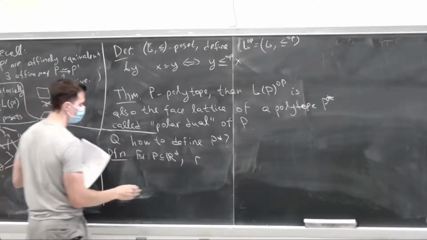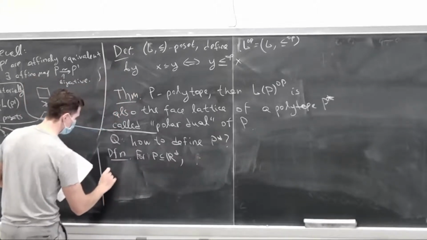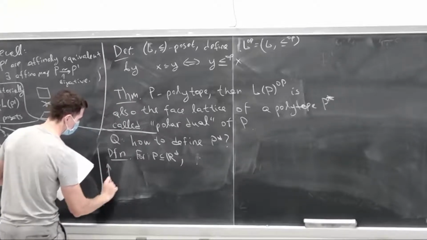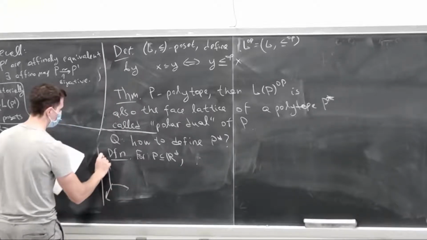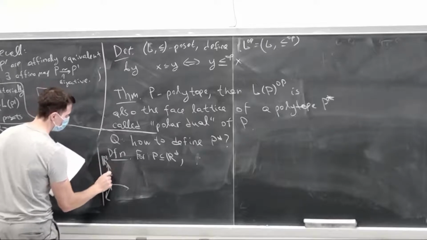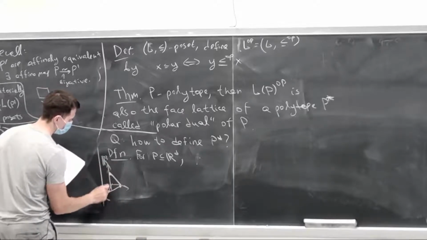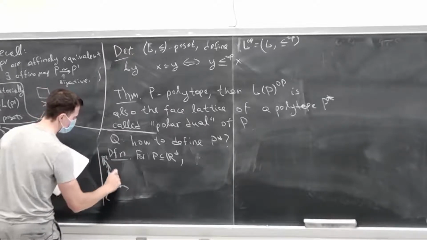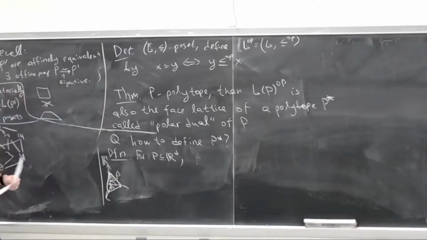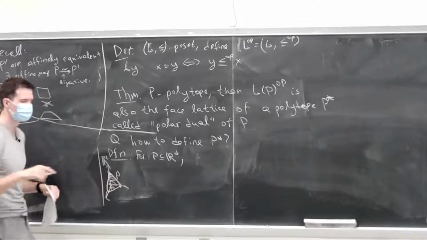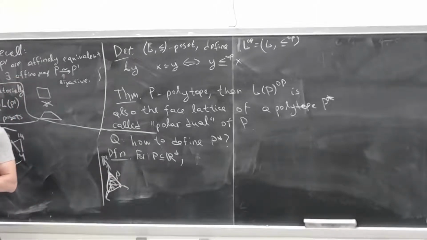For example, in R^3, maybe P is a simplex. What is the topological interior of such a polytope, as a subset of R^3?